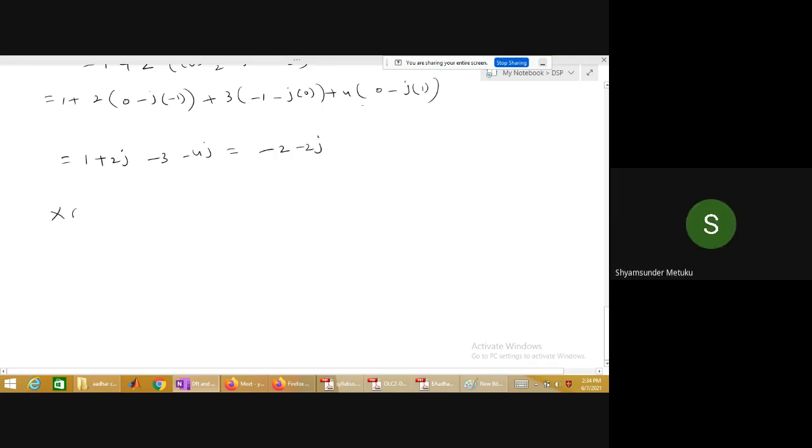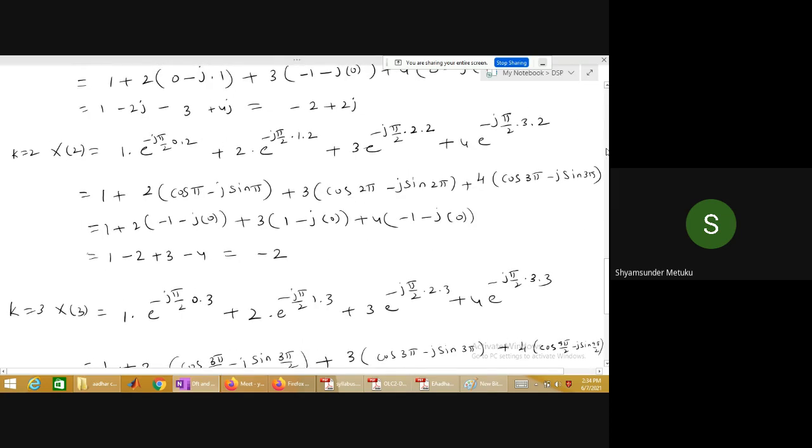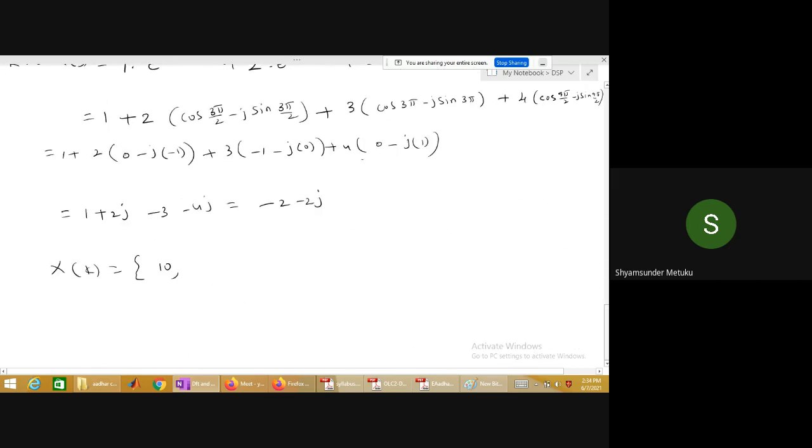So finally I got X of k is equal to, you should write it like this, 10, comma, I think what do we get, minus X of 1, what did we get? Minus 2 plus 2j, right? It is here, is it not this one? Minus 2 plus 2j, then minus 2, if I'm right.